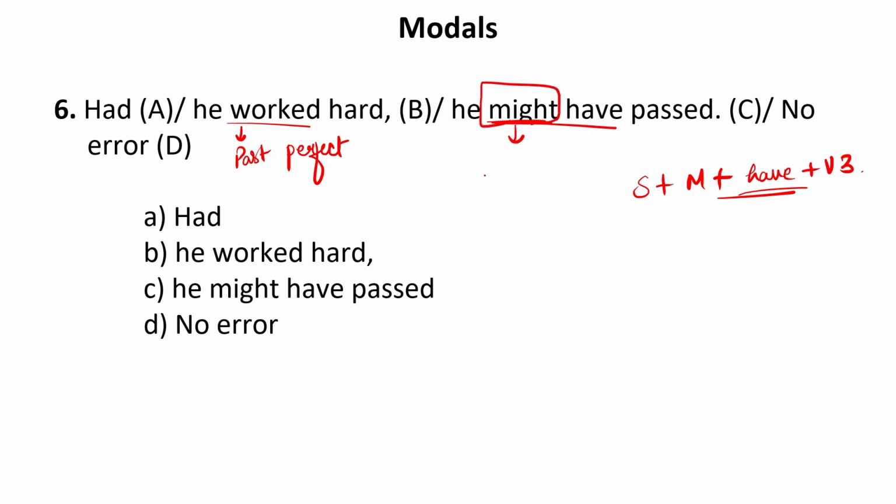Now this word might, though it is also the past tense of may, but it shows the lower possibility of something. Whereas, according to the meaning of the sentence, if somebody works hard, he will pass.